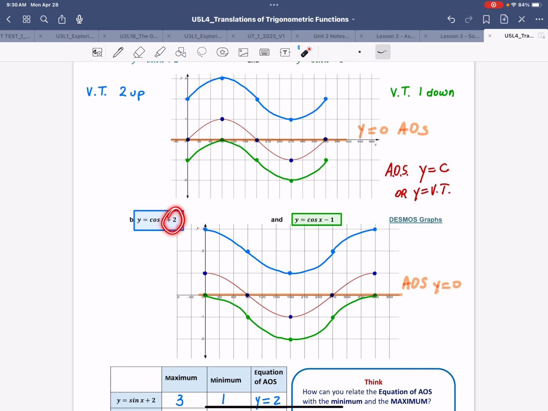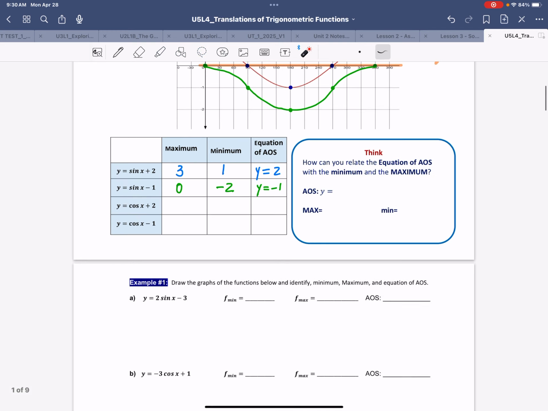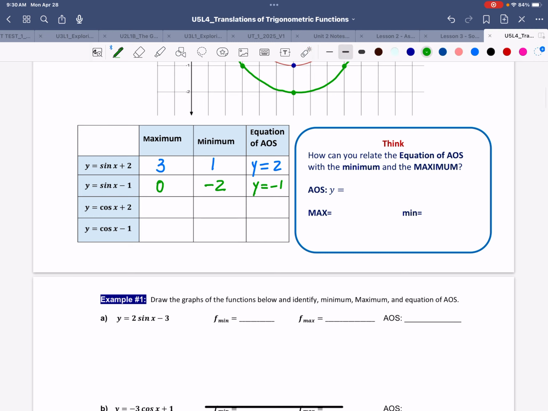We use the same translations for both of them. The only thing that changed was the curve, sine or cosine. So the maximum was at 3, minimum at 1. Axis of symmetry was at y equals 2. And for the cos x minus 1, maximum was 0, minimum was -2. Then the equation of the axis of symmetry was at y equals -1.